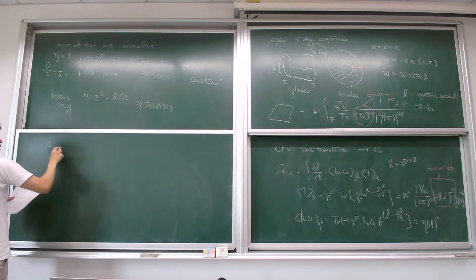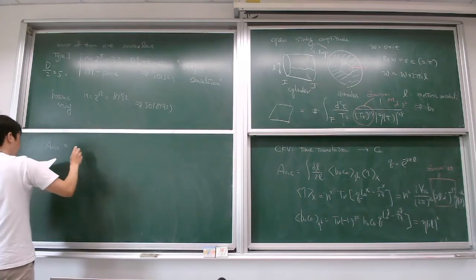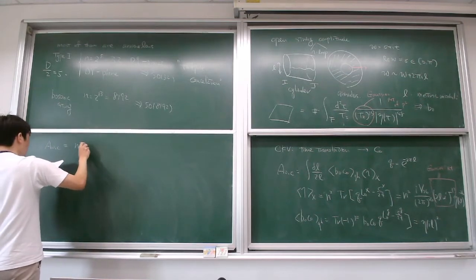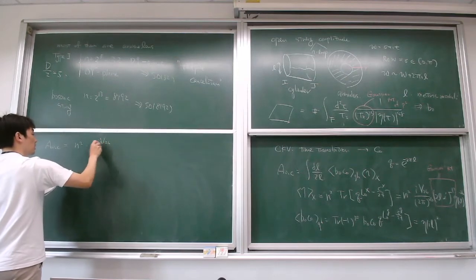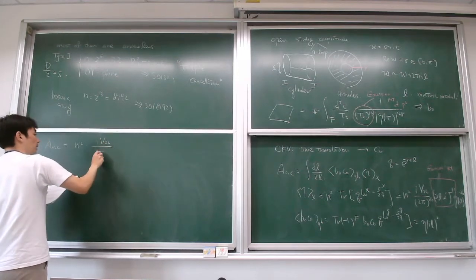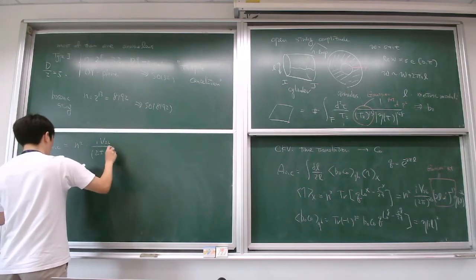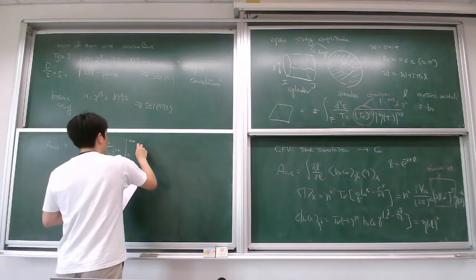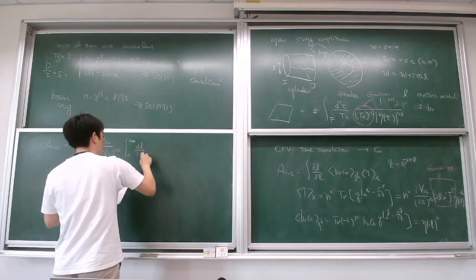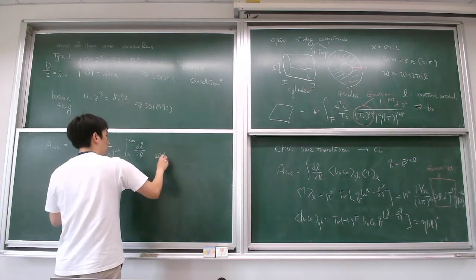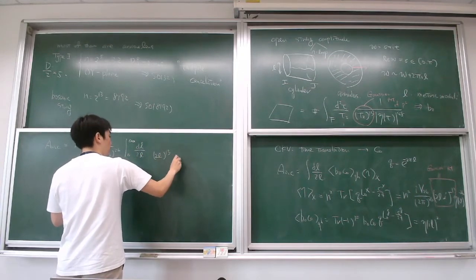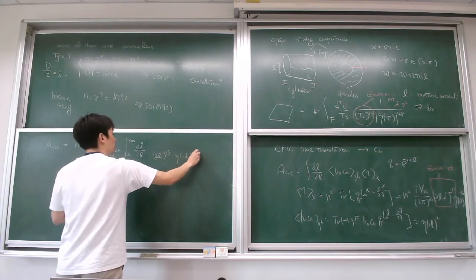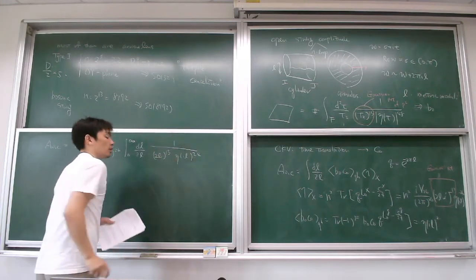A0C is equal to N squared V26 over 2 pi to the 26 times the integral from 0 to infinity of dl over 2l, 13 times eta of il to the 24 in the denominator.